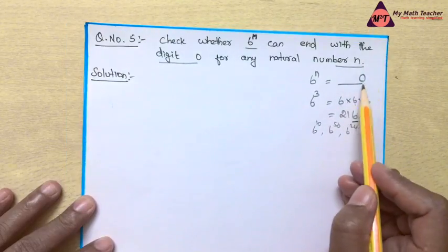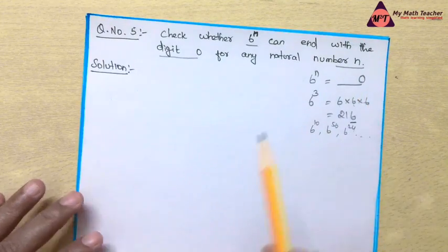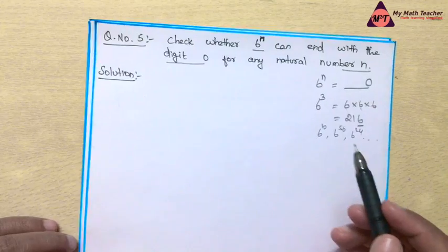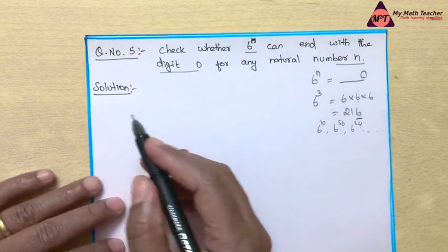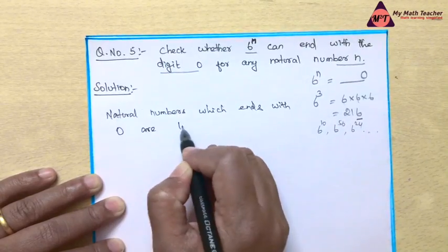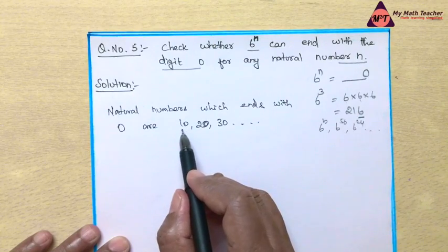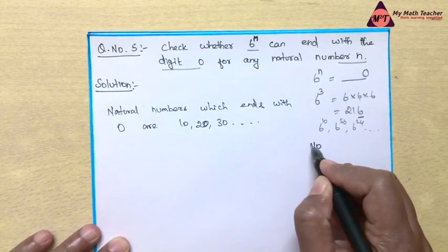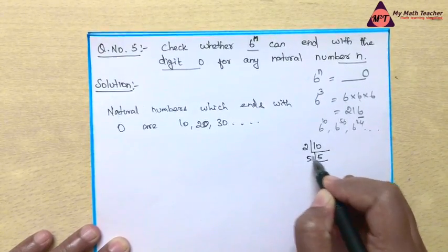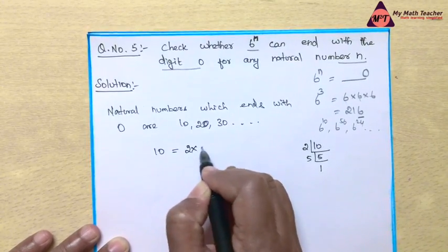Okay. Now, first step, let us find the natural numbers which end with 0. Natural numbers which end with 0, as we know, are 10, 20, 30, etc. So, it goes on like this. Let us take the first number 10. We'll do the prime factorization. 2, 5, divide by 5, 1. 10 can be written as 2 into 5.